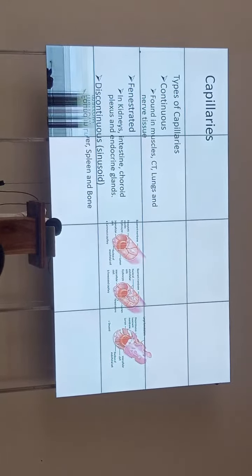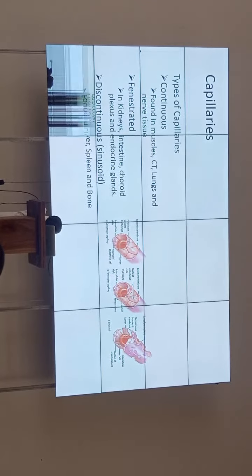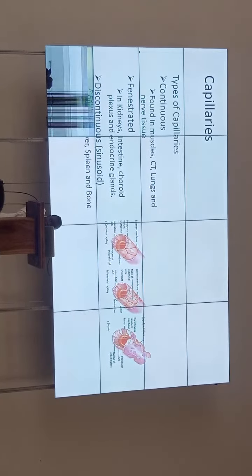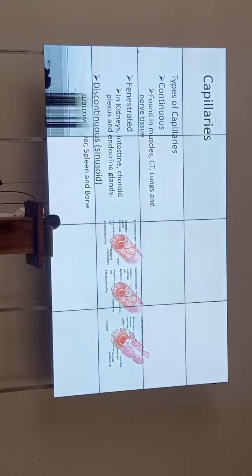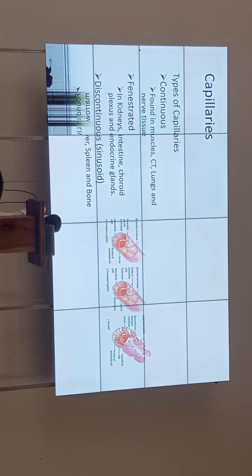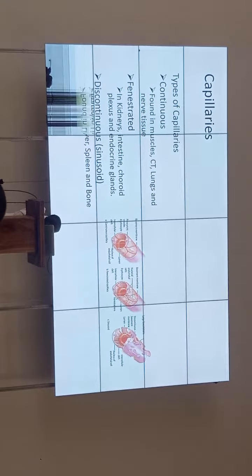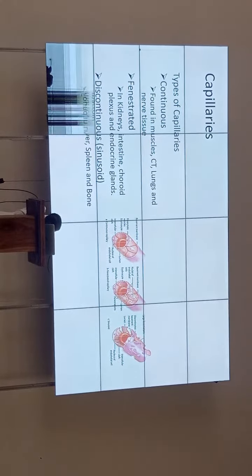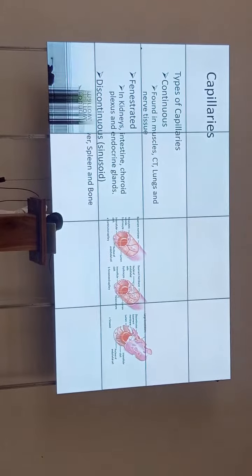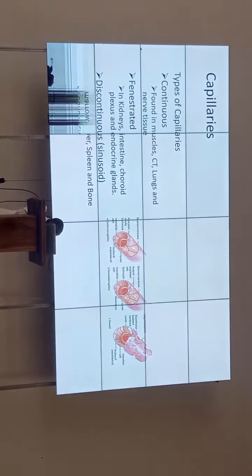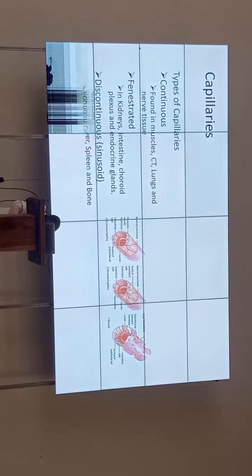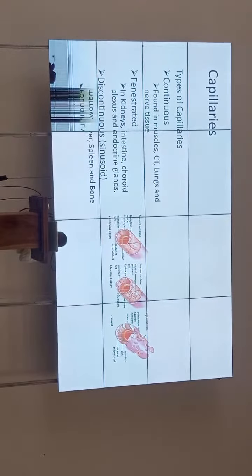They have fenestrations, little pores. Look at their basement membranes, intact. This one, their endothelium has large openings, huge openings. Their basement membrane also is discontinuous. It has large openings. Clear?